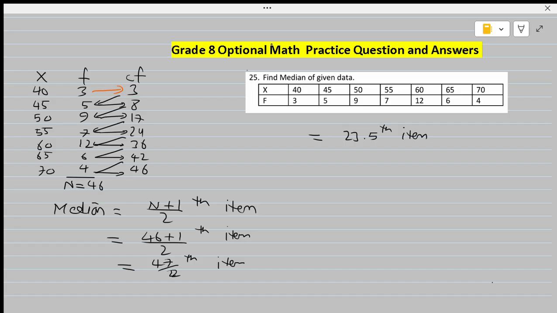Now we have to see which CF is just greater than 23.5.